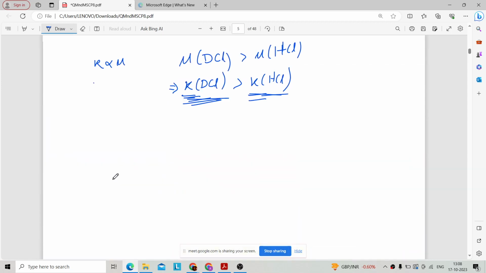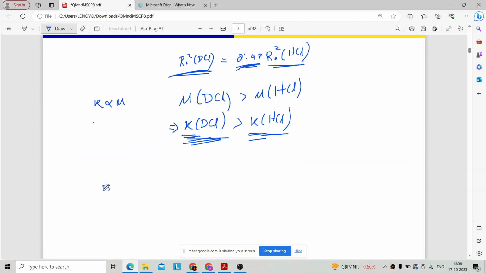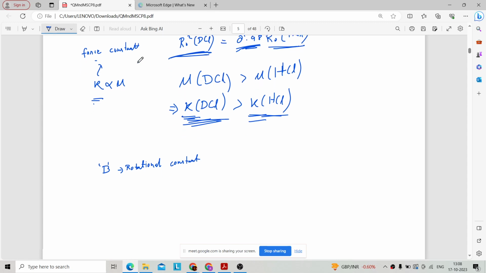So rotational constant is B, right? We are talking about K, so it's the vibrational force constant, not the rotational constant. This is the rotational constant. K is the force constant.